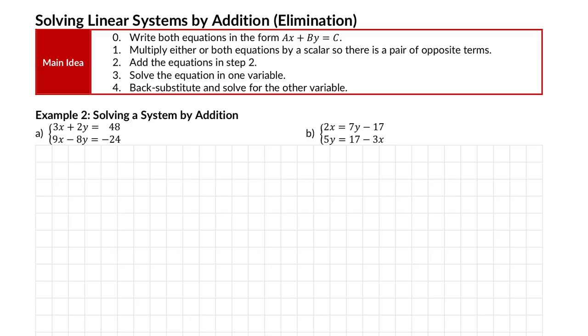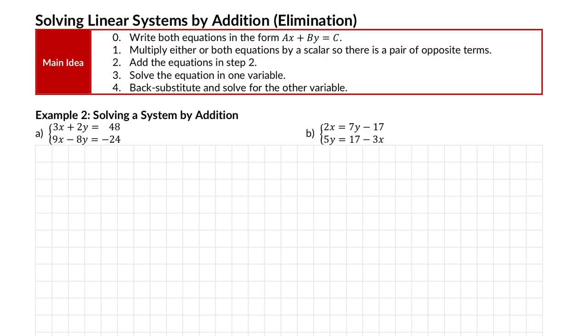To solve a linear system using addition, you're going to make sure before you even start that both equations are written in standard form where it's equal to the value c. So ax plus by equal to c. After it's written in this standard form, you're going to multiply either or both equations by a particular scalar so that there is a pair of opposite terms.